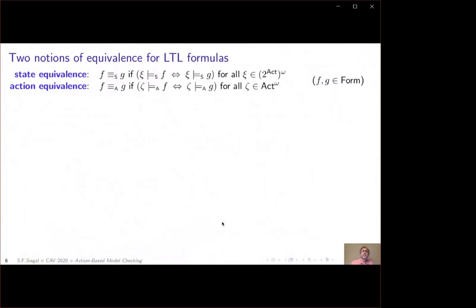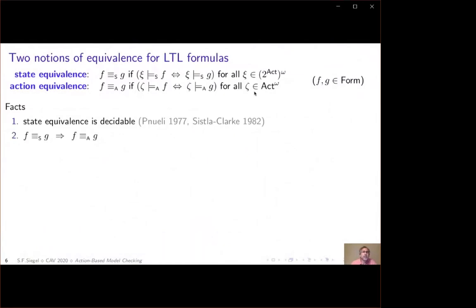Two formulas F and G are state equivalent if they're satisfied by the same infinite sequences of subsets of ACT. F and G are action equivalent if they're satisfied under the action semantics by the same infinite sequences of ACT. Now, state equivalence is decidable. This is well known. It's equivalent to saying that the validity problem is decidable for LTL.